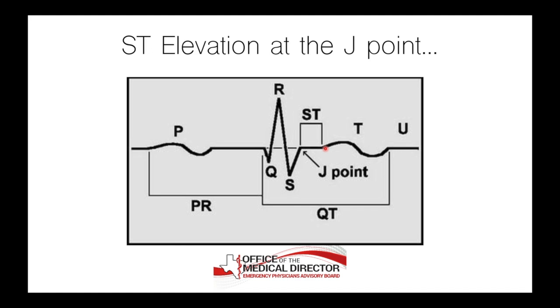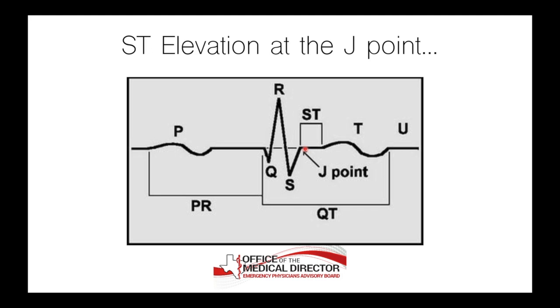Basically this represents the interval between ventricular depolarization and repolarization. In most cases, it should be isoelectric, so it should follow along the baseline. In cases where it's not, where we do see elevation and/or depression, these are pretty commonly caused by myocardial ischemia or infarction. So this is what we want to focus on.